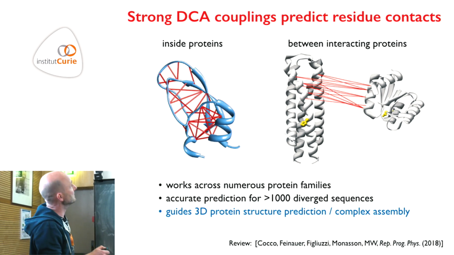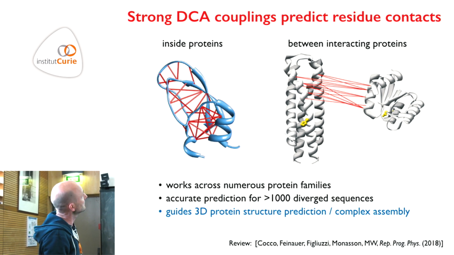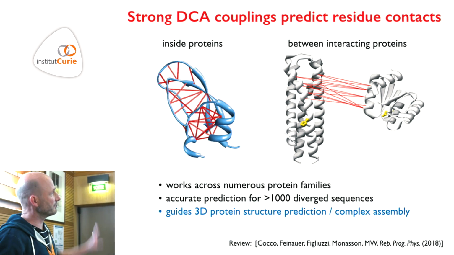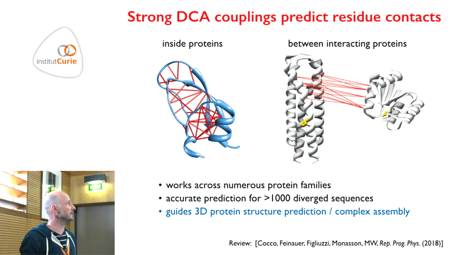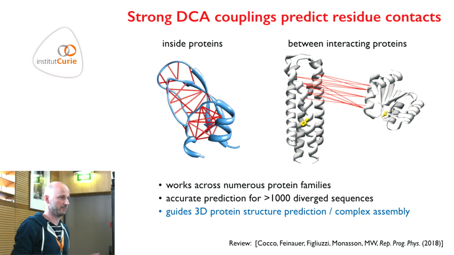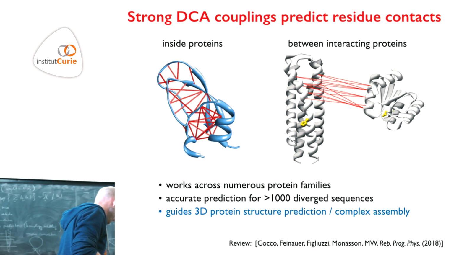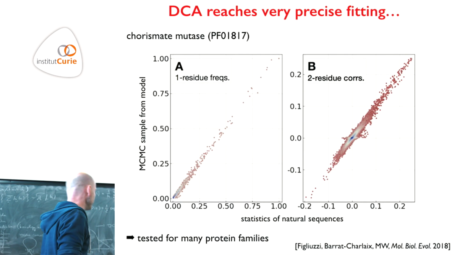This gappy region was in here. And here you see, for instance, the proline, you see the kink. So it works when you have enough sequences, and it can guide 3D protein structure prediction and complex assembly. But that's actually not what I want to talk about most, even if I see that my time is passing.